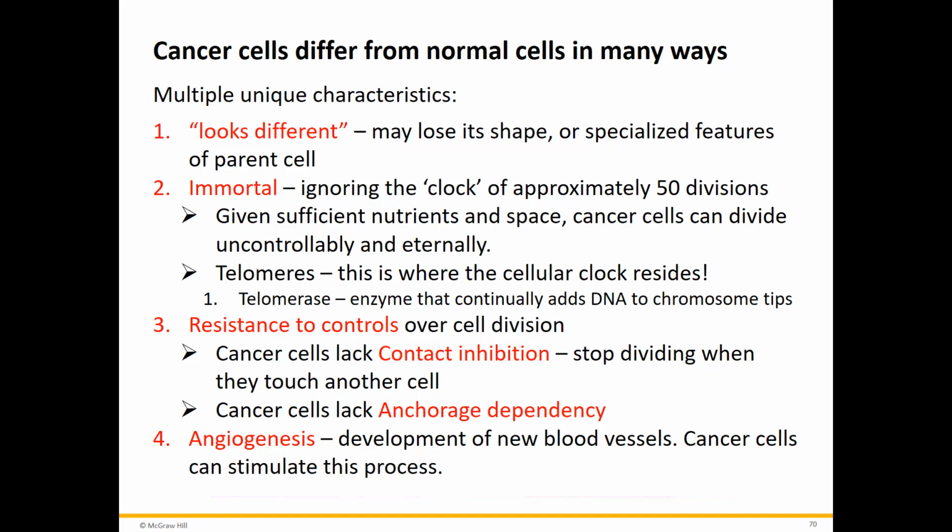The picture at the very beginning of this section showed you two great big large cells that were identified as cancer cells with all kind of blood vessels, compared to the healthy cells, which were smaller and didn't have the blood vessels all over them. So indeed, they look different.